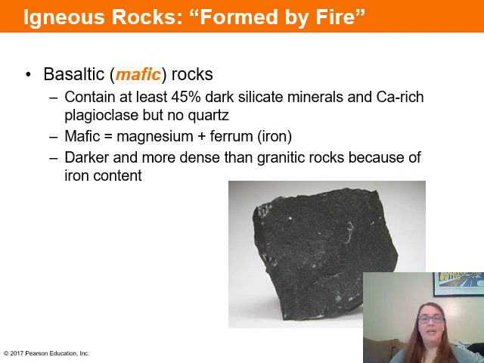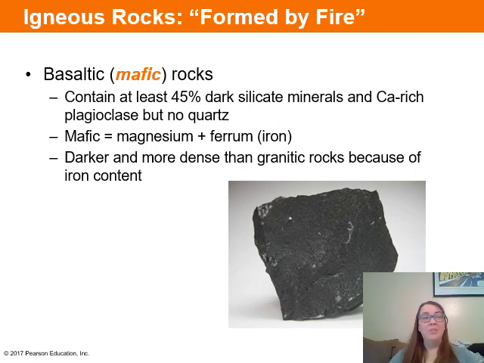So again, we're just getting the name here by abbreviations of what kind of elements are inside of them. But here the iron is going to be very important. These basaltic or mafic rocks are not only darker in color, but they're going to be heavier in weight and denser than our felsic rocks because now they have a lot more metal instead of salts inside of them.